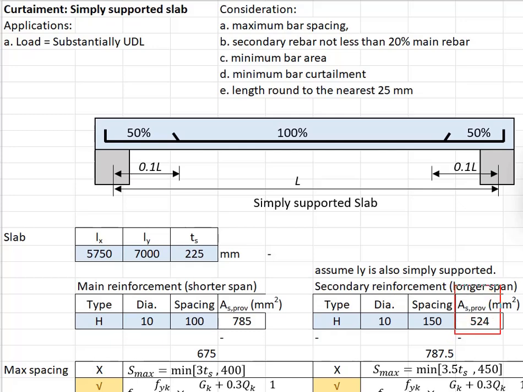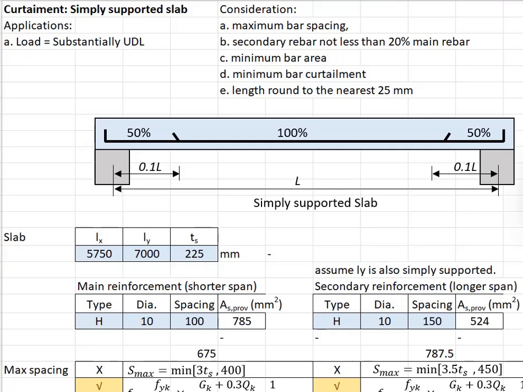The secondary rebar should not be less than 20% of the main bar. By looking at the ratio here, you know that the secondary rebar is about 66.8% of the main bar. Then you know that you have no issue with the 20% of the main bar. Now you have the main and secondary reinforcement more or less confirmed.